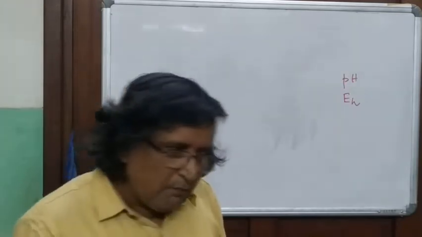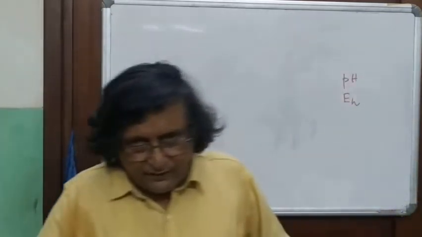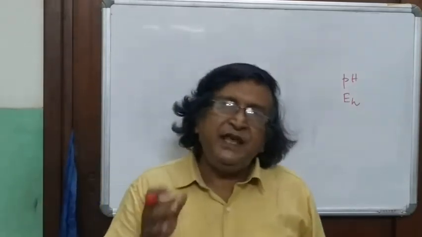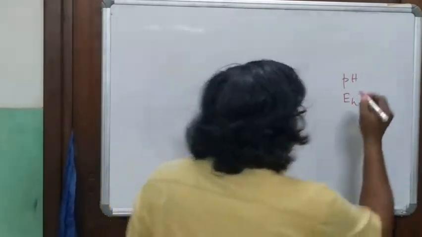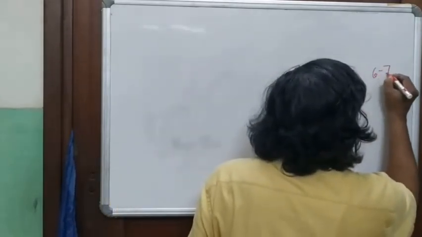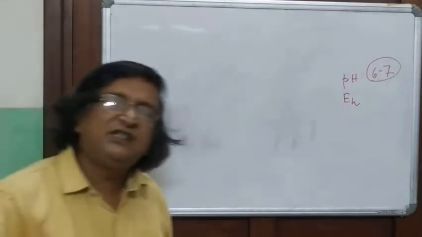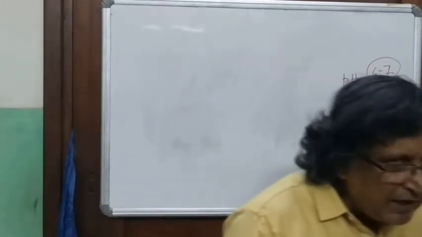Most continental waters have a pH between 6 and 7. They are mildly acidic.